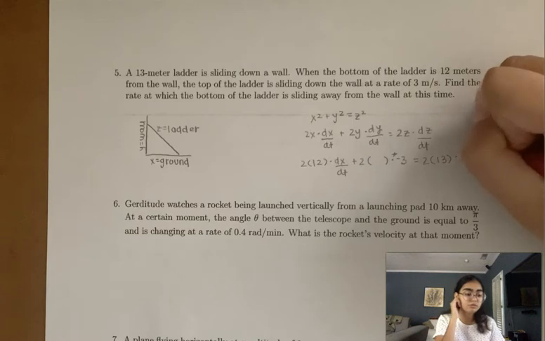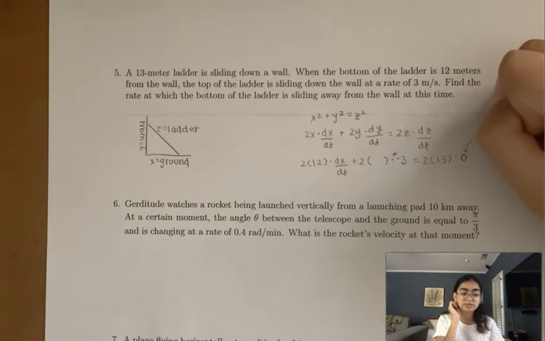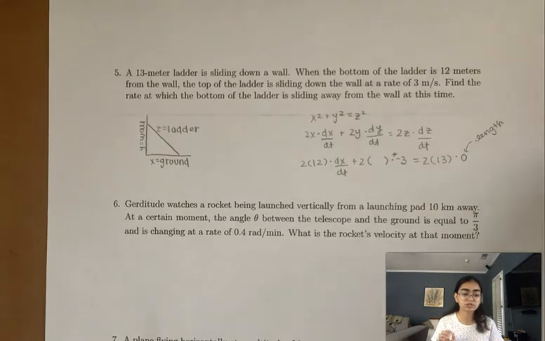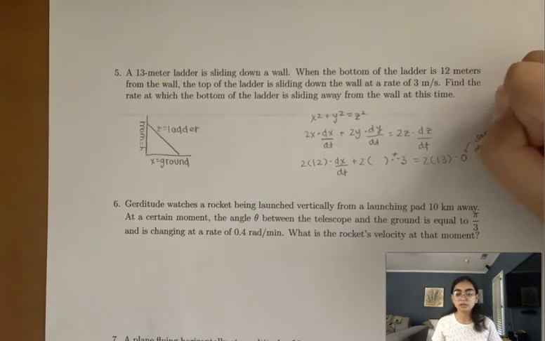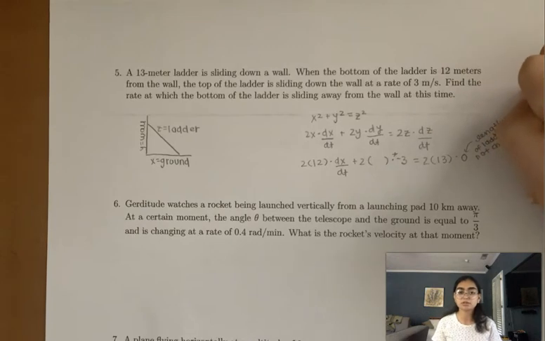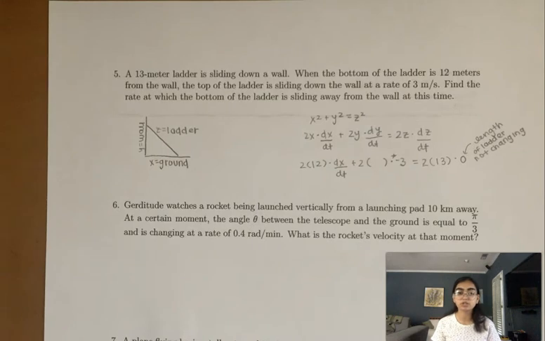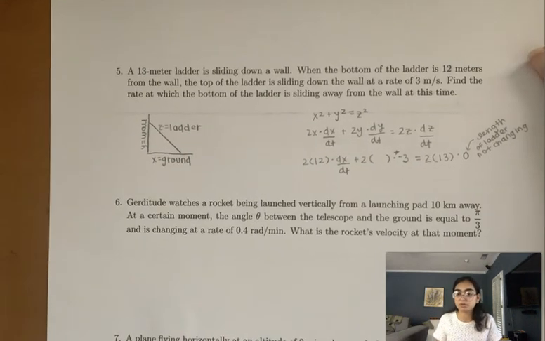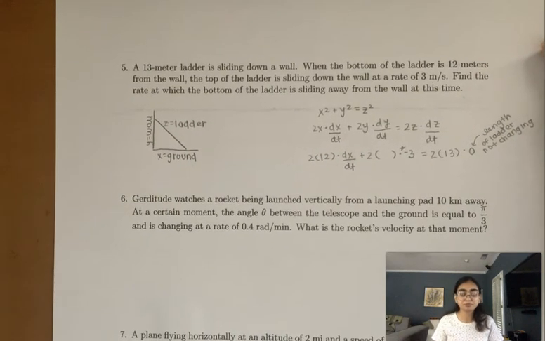The rate of the ladder is 0 because the length of the ladder is not changing. It's not increasing or decreasing, and we know that because it's a ladder. The problem doesn't tell us that it changes. It just tells us that the ladder is sliding down the wall.